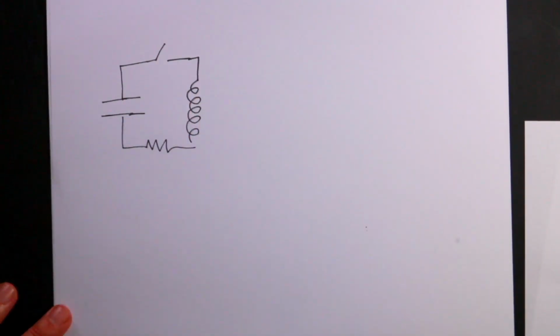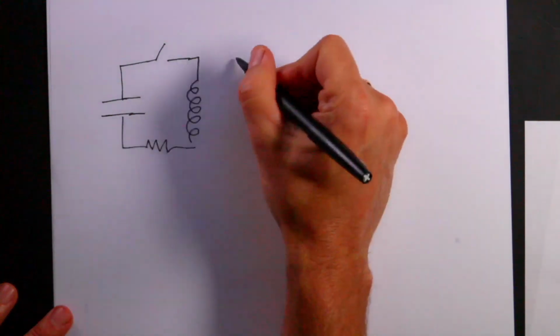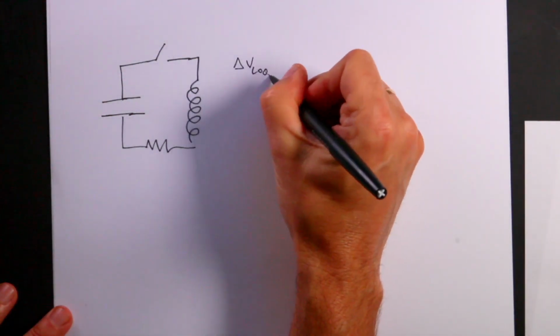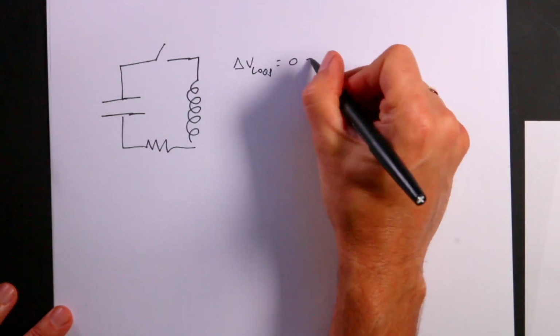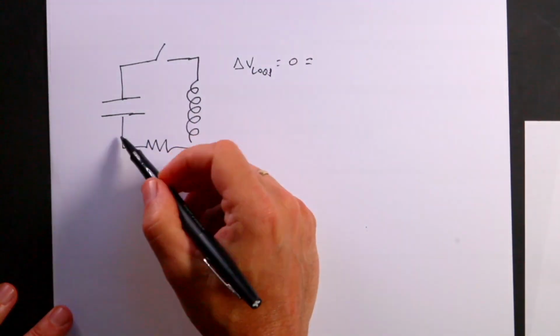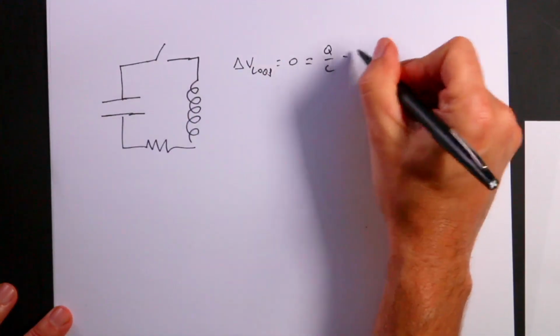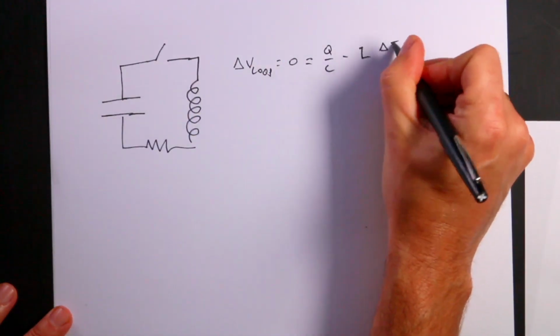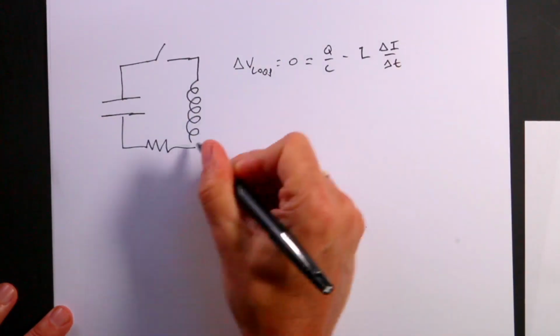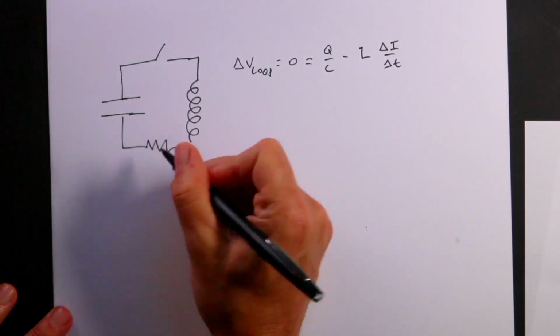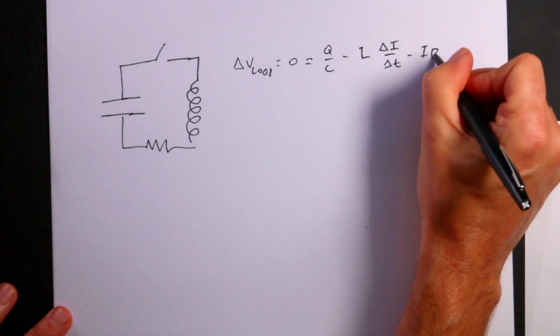So again, I can use the voltage loop rule. I can say delta V loop equals 0. And that's going to be equal to the voltage across the capacitor, Q over C, minus L delta I over delta T. And then I also have the voltage across the resistor, which is going to be minus IR.